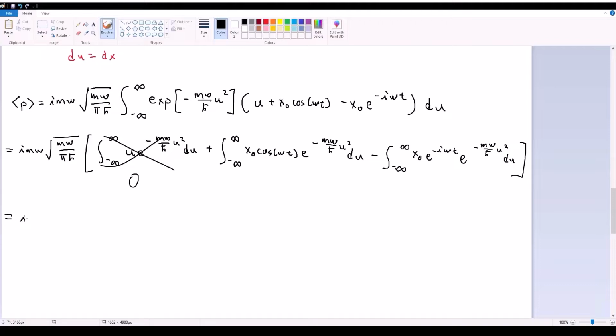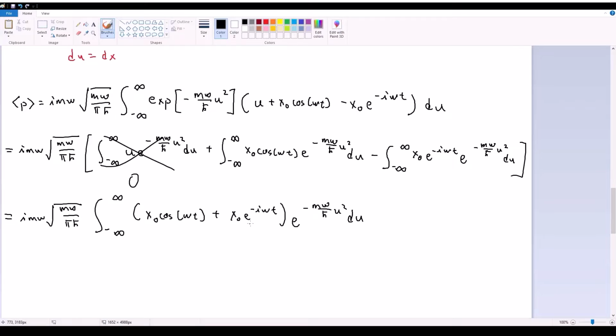So this is actually equal to i m omega square root m omega over pi h bar times the integral from negative infinity to infinity of x naught cosine omega t plus x naught e to the negative i omega t multiplied by e to the negative m omega over h bar u squared du.